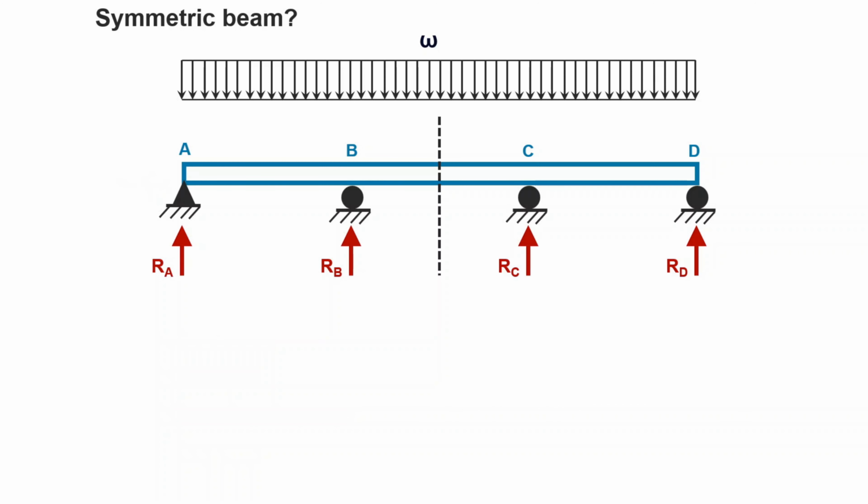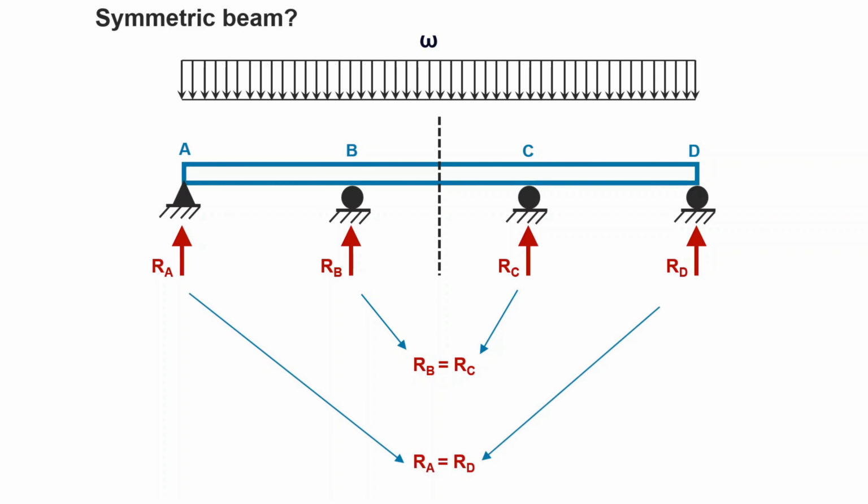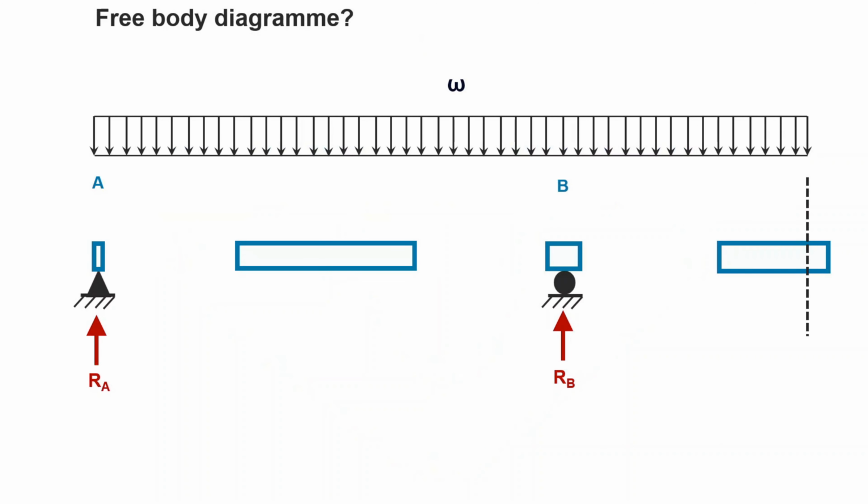We eliminate that one, and we will be left with the 4 remaining reactions, and we know from the symmetry that RB and RC are identical, and RA and RD are identical, so we can say that two of the reactions are identical to the other two.